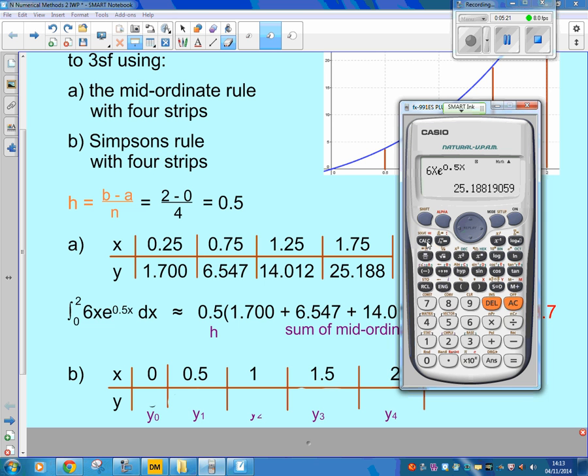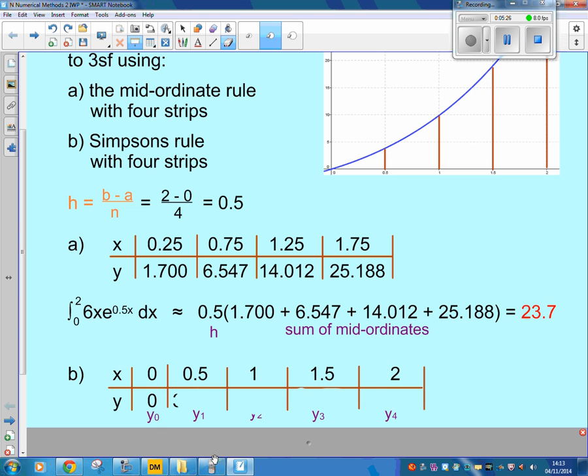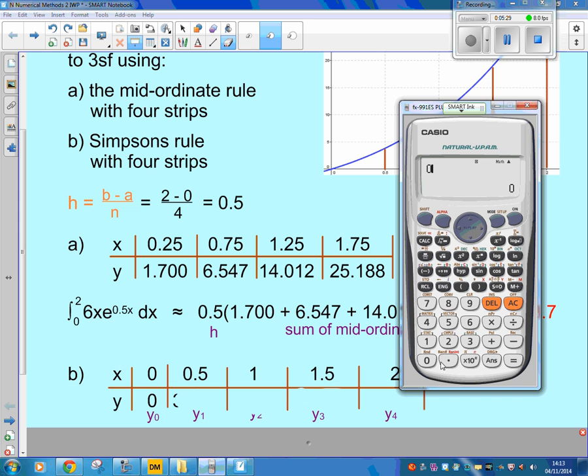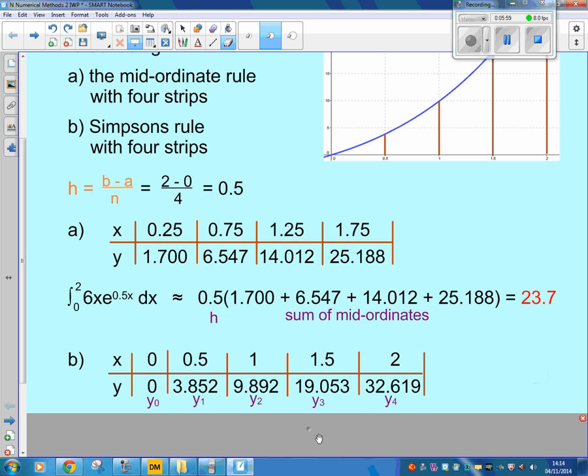Calc for 0 equals 0, calc for 0.5 is 3.852, calc for 1 is 9.892, calc 1.5 is 19.053, and finally calc for 2 is 32.619. Let me just check that. Yes, 32.619.